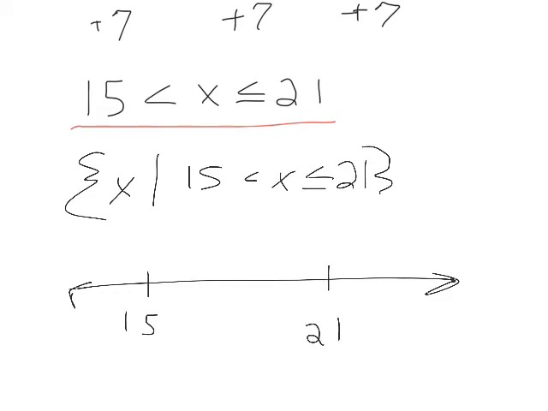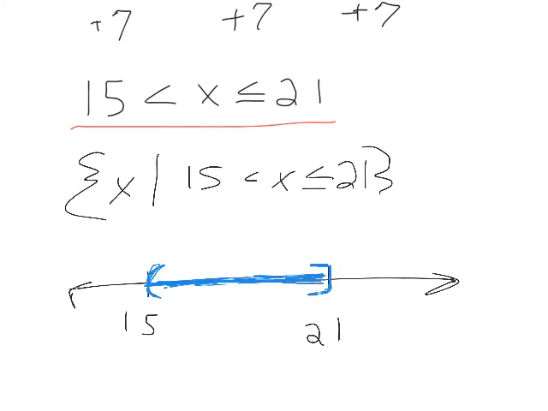And we shade between them, because essentially what this inequality is telling us is that x has to be between 15 and 21. You will notice that we have just a less than by the 15, so we will need to use a parenthesis there showing that 15 is not included in the set, and then we'll use a bracket on the 21 because it has or equal to, so 21 is included on that side, okay? So we just shade in the middle to show that x could be any value between 15 and 21.